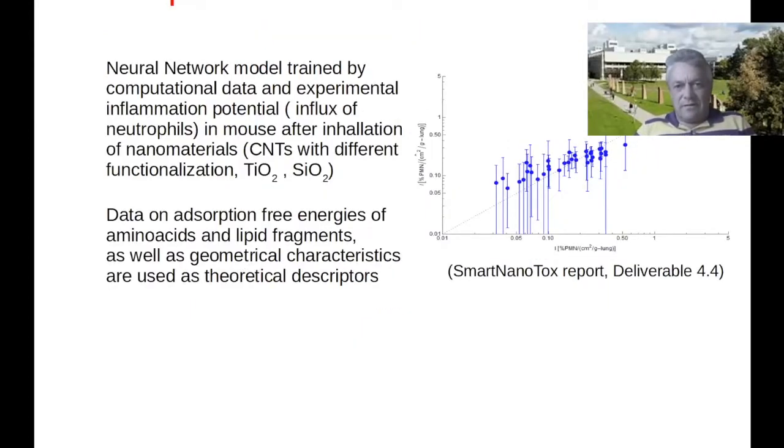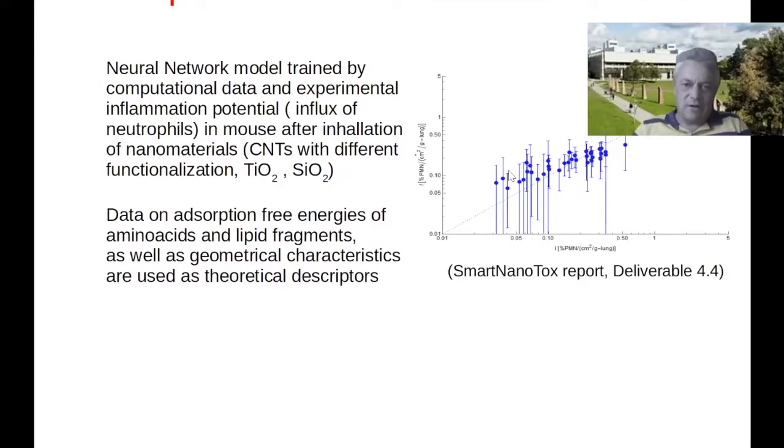We also already did a test attempt to build a QSAR based on a neural network model, which was trained on computational data. The computational data were adsorption energies and some geometrical characteristics of these nanoparticles, and the experimental data were inflammation potential, measured as the influx of neutrophils in mouse after inhalation of the same set of nanoparticles. And this is some result of prediction.